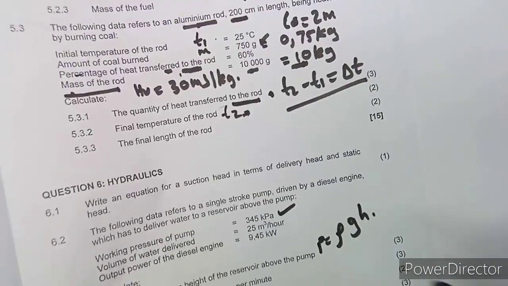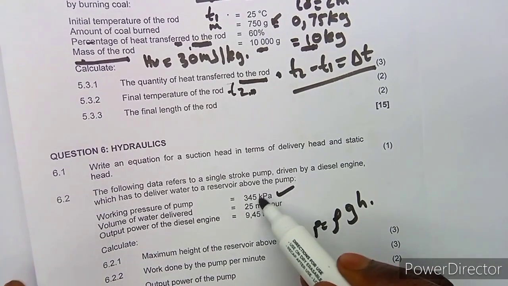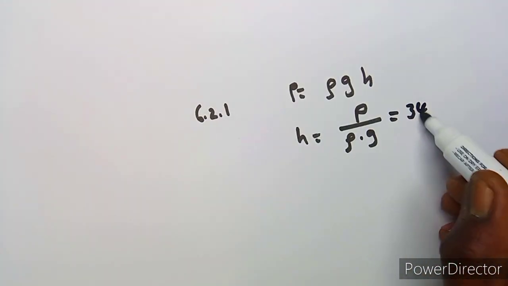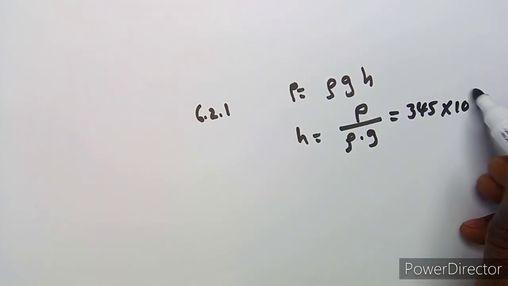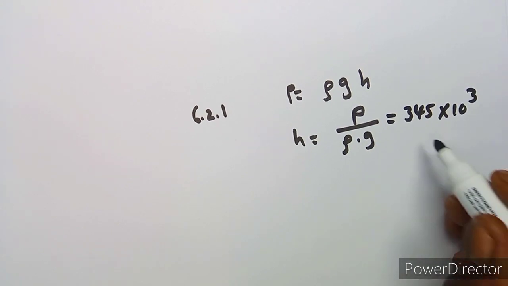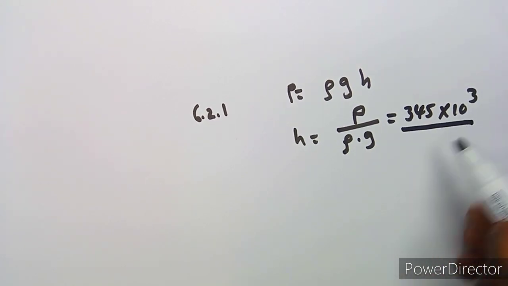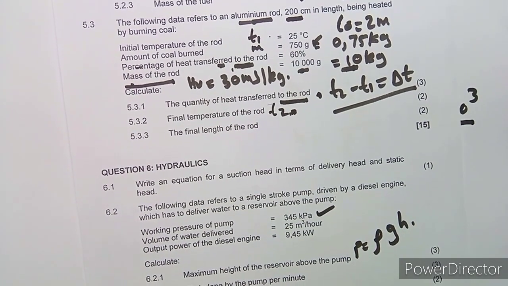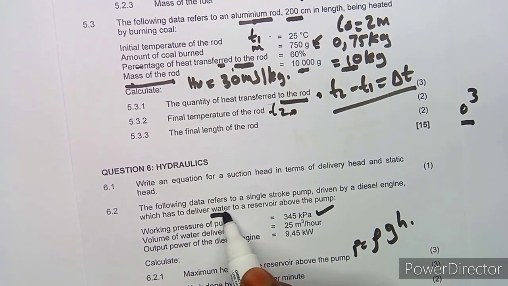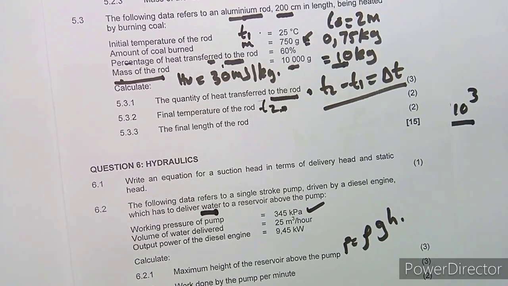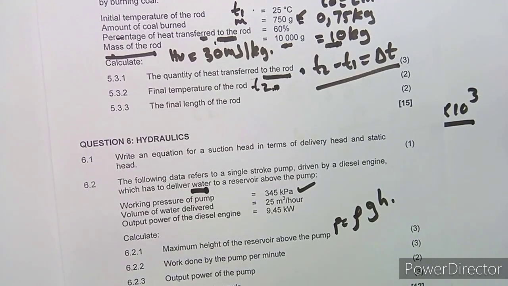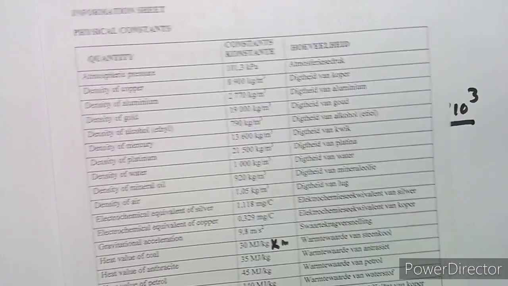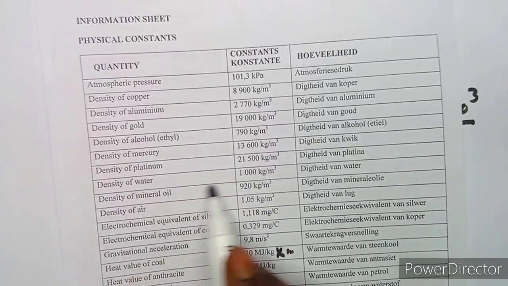So just put this kilo as times 10 to the exponent of 3. So it's going to be 345 times 10 to the exponent of 3, so that we obtain exact values, over the density. We do not have this, but what are we talking of? Water. So we need the density of water, which I think you are used to, 1000. Anyways, let's see where we are given this, the density of water.